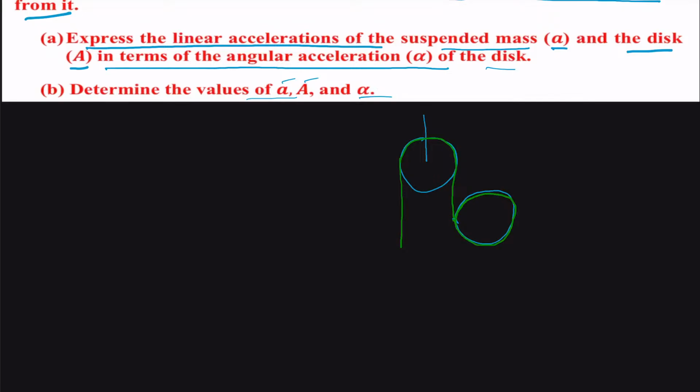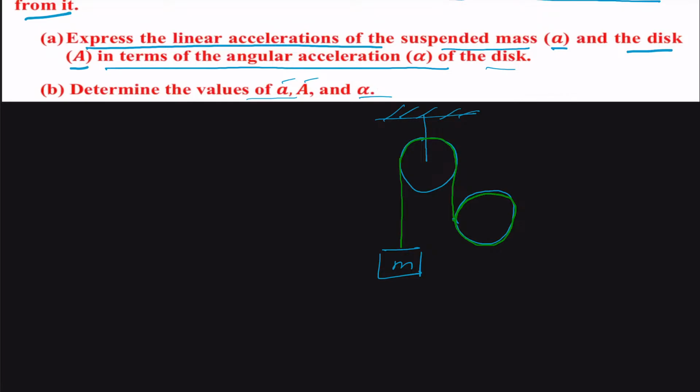And to the free end we have a mass m, and this is fixed. Okay, so we have two pulleys.